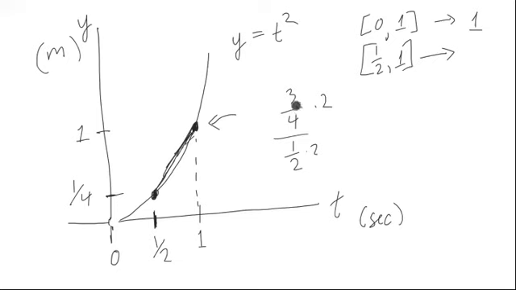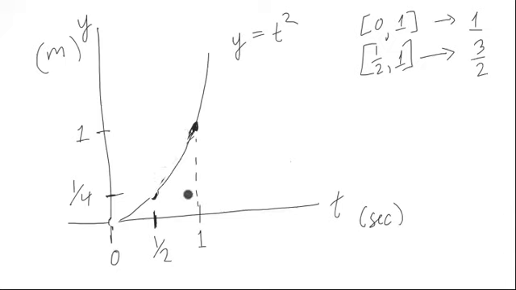So you'd end up getting 3/2 as your slope. All right, well, that looks a little bit different, and it's probably more accurate since we're getting closer to the point 1 and we have a smaller interval. But let's do even better. Let's go a little bit closer.